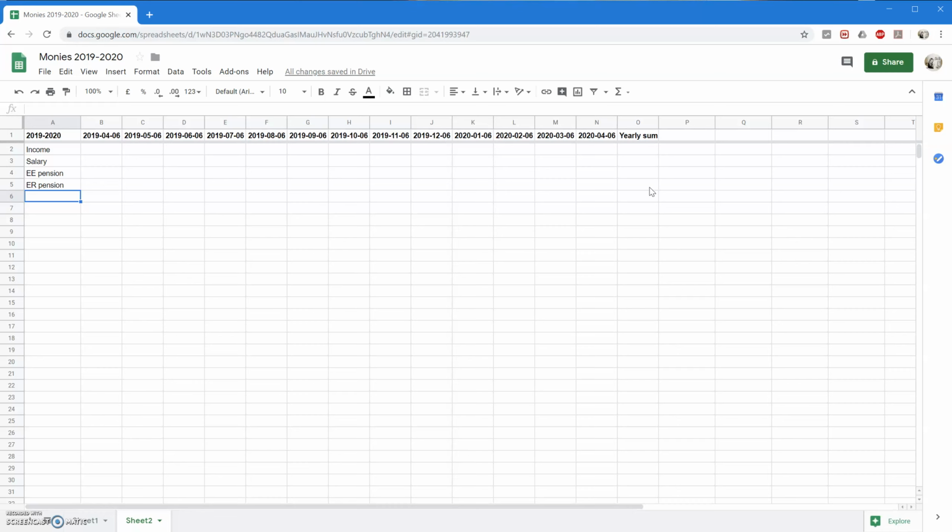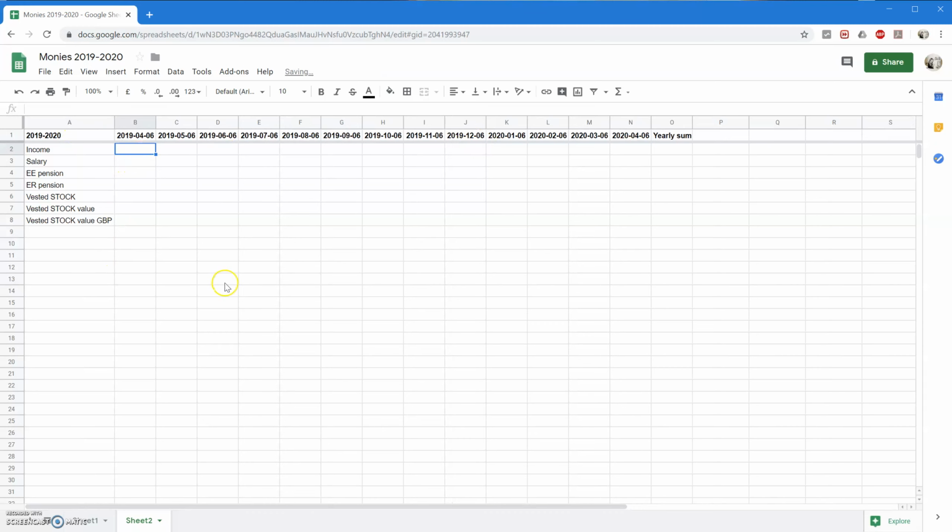Let's inventory everything, including maybe some vested stock. I'm using stock as a placeholder for the stock ticker, and vested stock value. By default, I assume the value will be listed in US dollars.